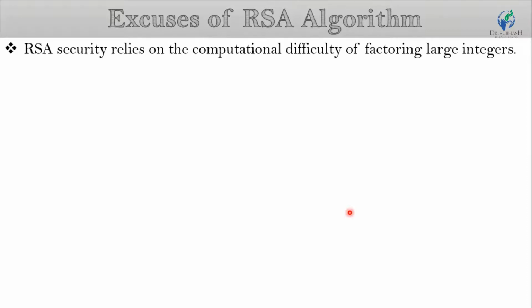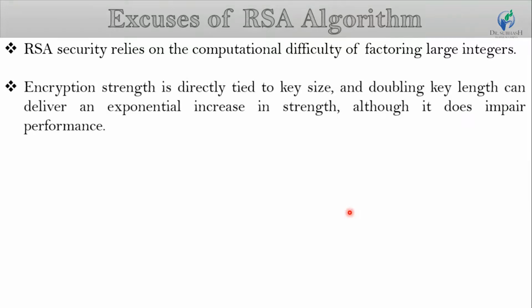As computing power increases and more efficient factoring algorithms are discovered, the ability to factor large numbers also increases. Next point is encryption strength is directly tied to key size, and doubling key length can deliver an exponential increase in strength, although it does impair performance.